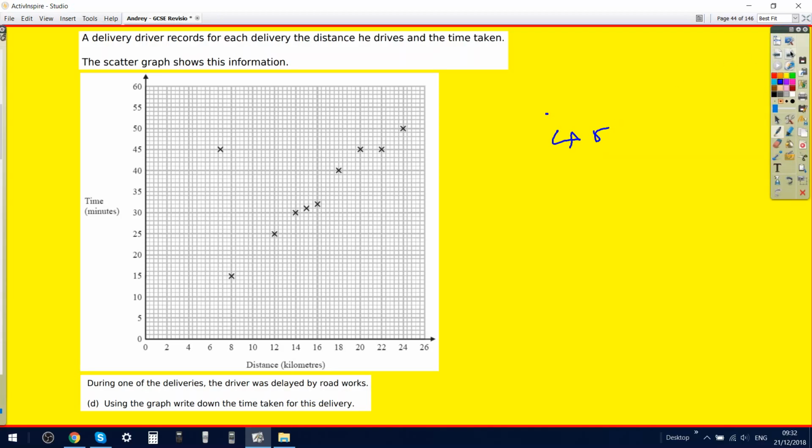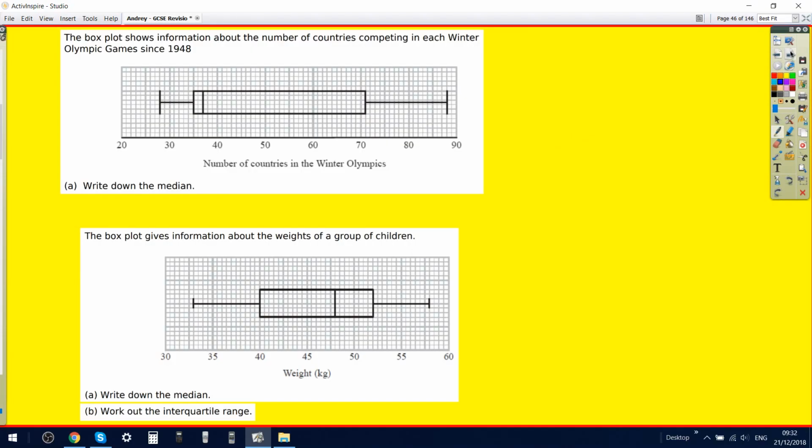That's weird. Okay, how about these? Is the median 37? Yep.